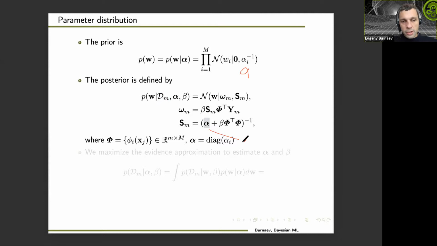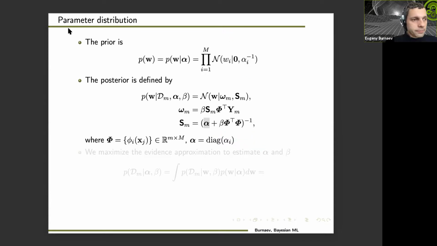Here we consider this diagonal matrix with the same value of alpha on the main diagonal. But now, because for different parameters w, we use different hyperparameters alpha sub I, here we have the diagonal matrix with different values of alpha on the main diagonal. This is the main difference.